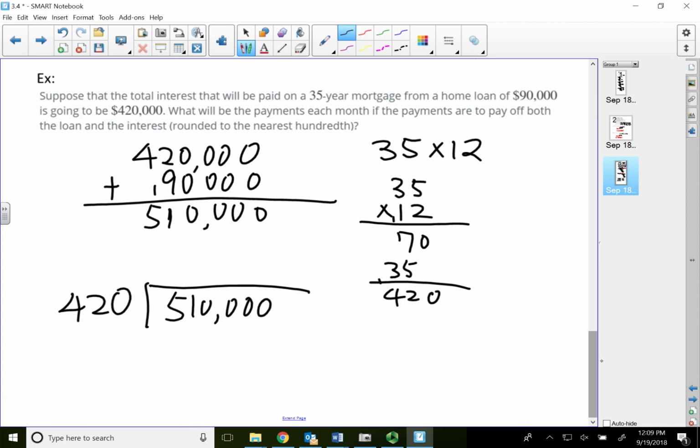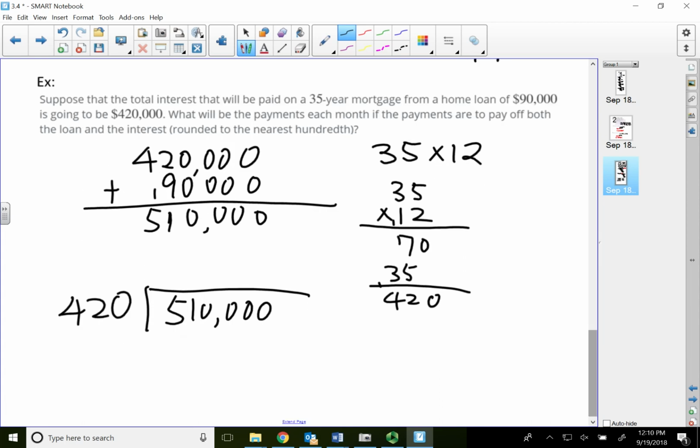Okay, so let's check it out. Round to the nearest hundredth. So the decimal is right here. For the nearest hundredth, add 0 for the tenths, another 0 for the hundredths, and one more 0 for the thousandths, so I know how the hundredths will be rounded.